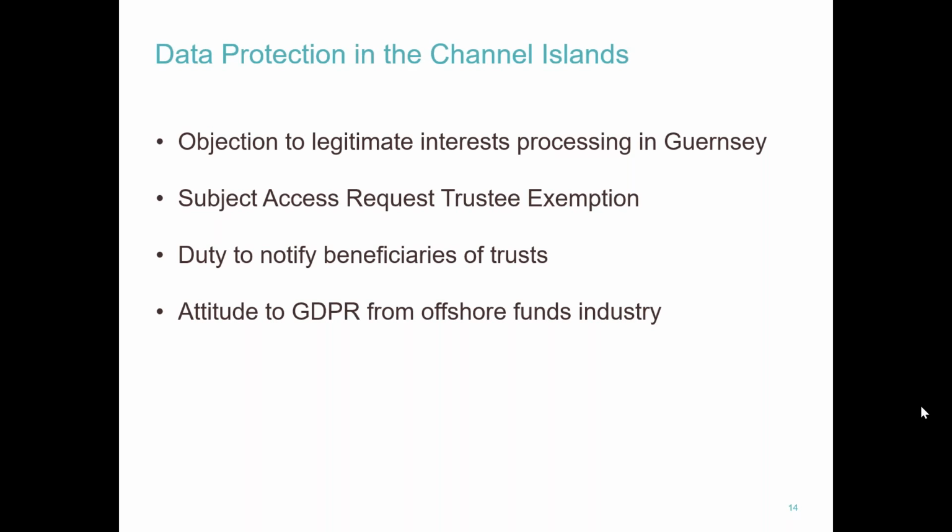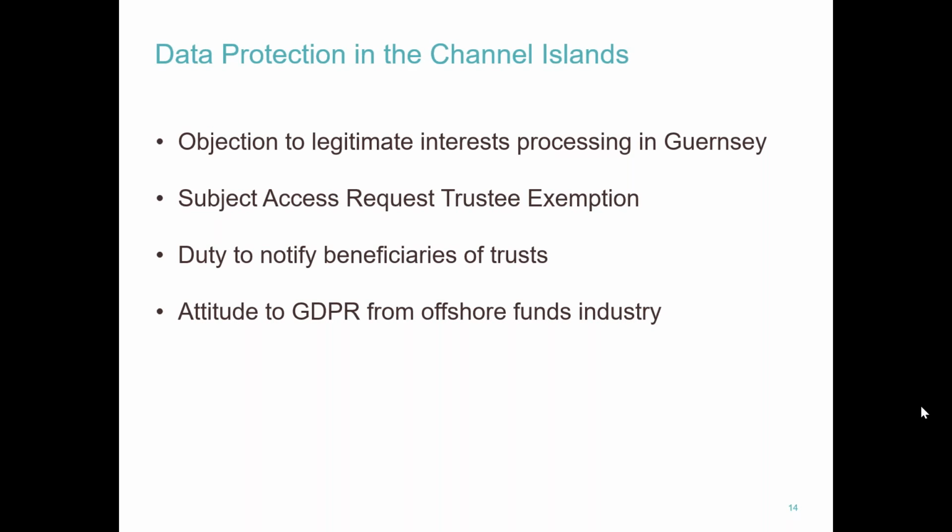And the third one in the trust space is particularly around many beneficiaries who may not know they are actually beneficiaries of the trust. It's quite a common thing, particularly if you're dealing with minors, but also sometimes adults, that people don't want people to benefit from a trust until they're a little bit older, maybe 25, even 30. And how does that then interplay with the duty to inform in terms of privacy notices?